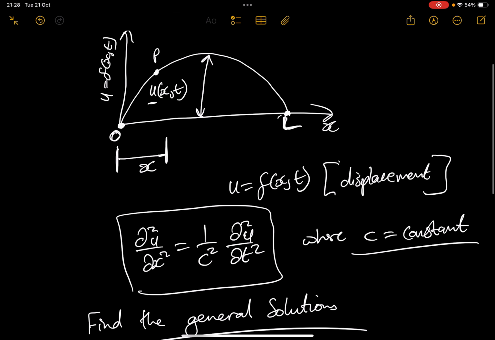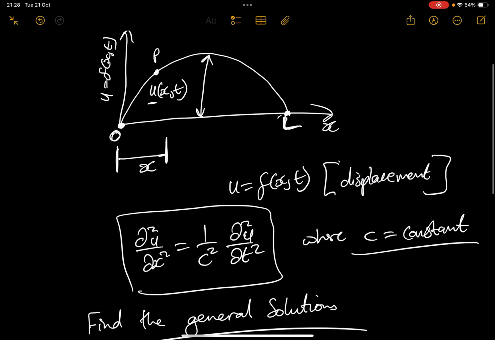So even here we are going to have t is equals to c cos pct plus d sine pct, like this, right?